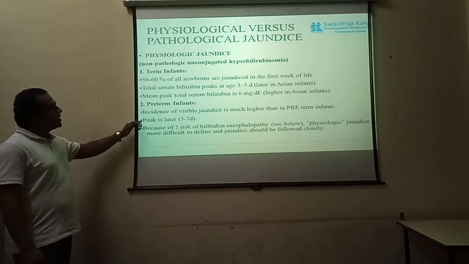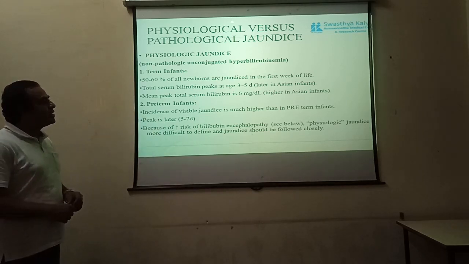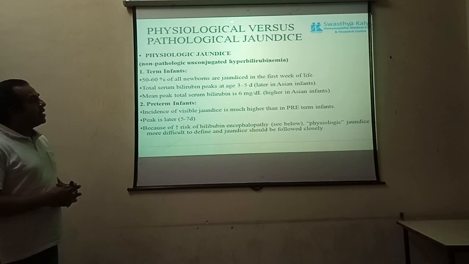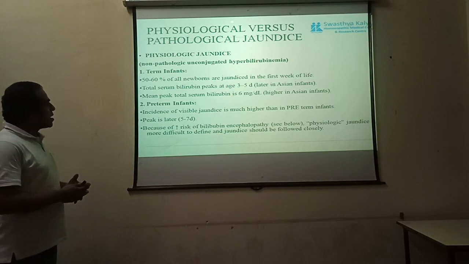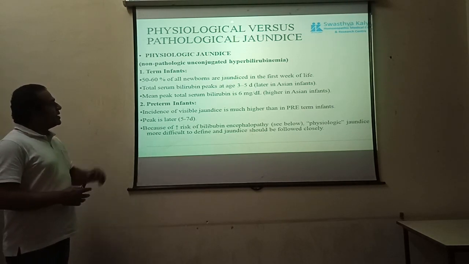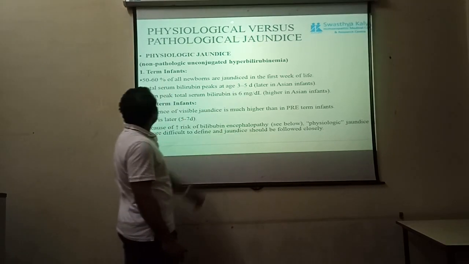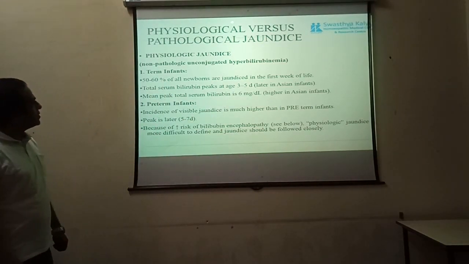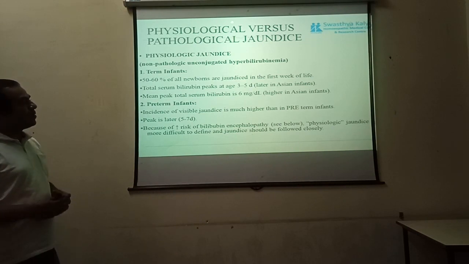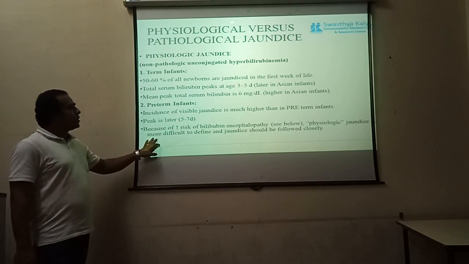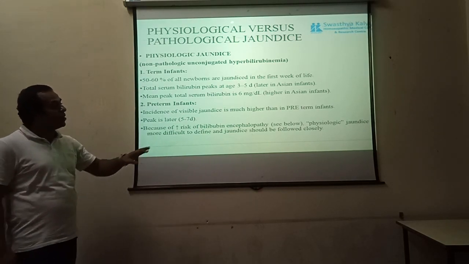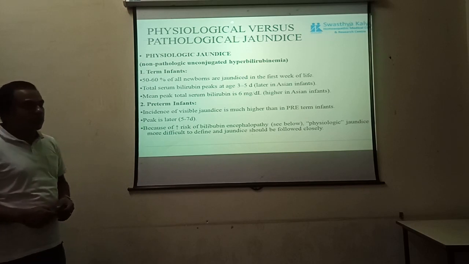In preterm infants, incidence of visible jaundice is much higher than in term infants. Peak is later, that is 5 to 7 days, whereas in term infants you will find it in 3 to 5 days only. Because of the high risk of bilirubin encephalopathy, physiological jaundice is more difficult to define in preterm infants, and jaundice should be followed closely.